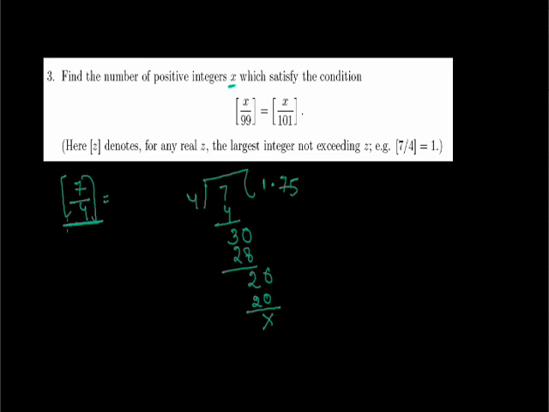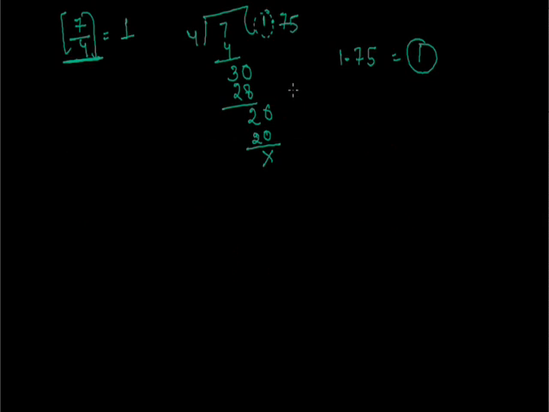So in the greatest integer function, we only consider the integral part, that is, in 1.75 I'll be considering only 1. So here the answer will be 1. So I have to find all those positive integers x which satisfy this condition. Okay, so I'll be starting with it.